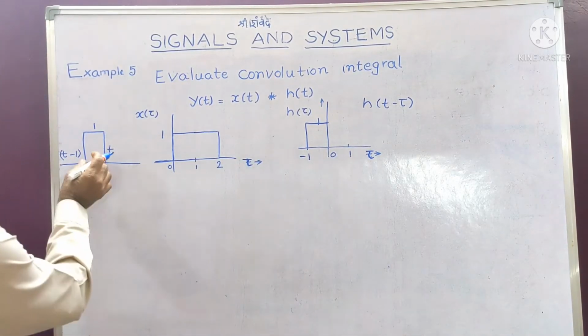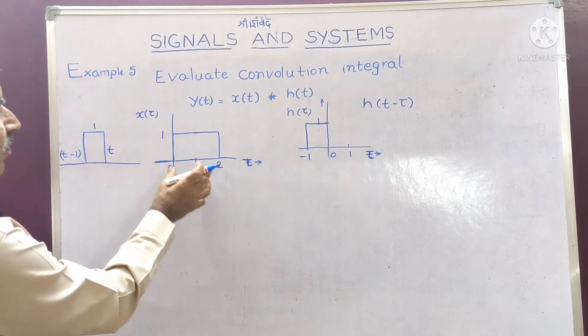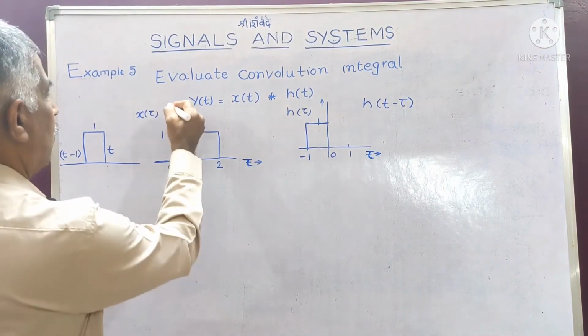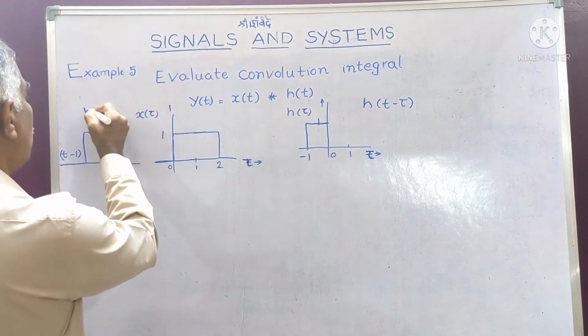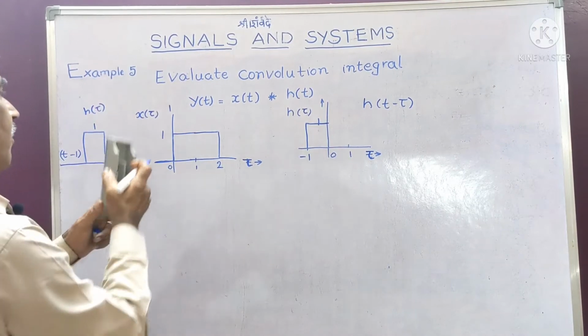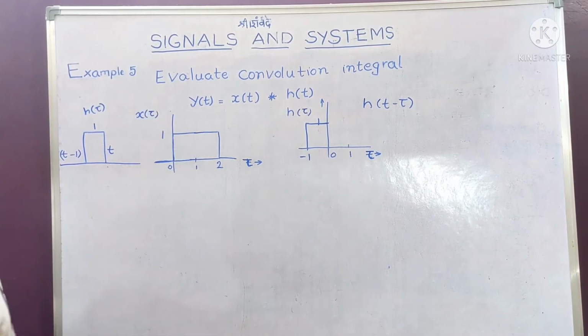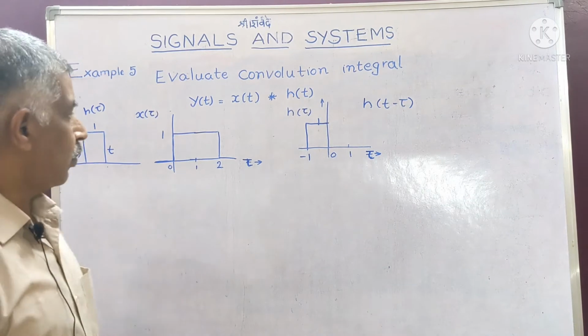Now, this is rather a narrow waveform compared with x of tau. Yes, this is h of tau. The h(tau) waveform is rather narrow compared with x of tau.